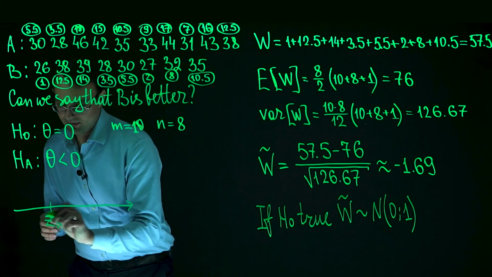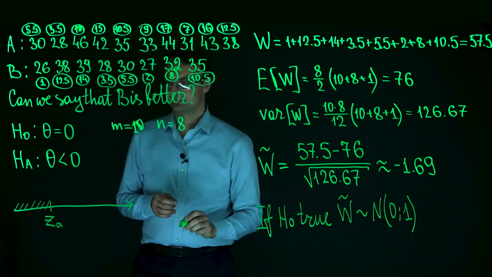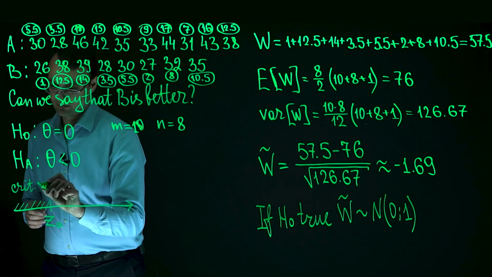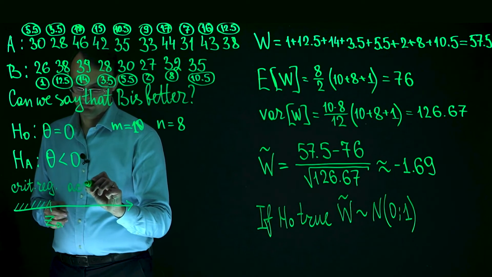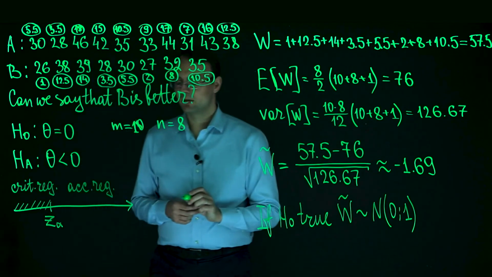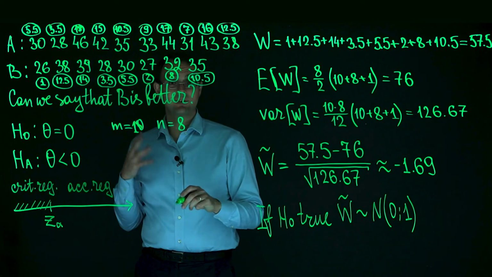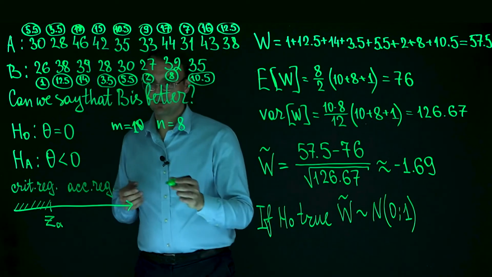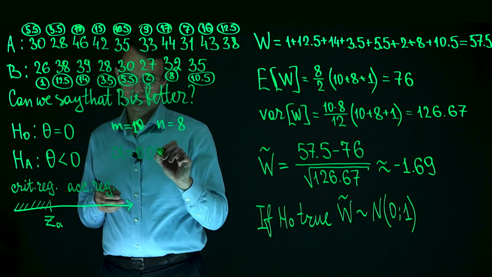And here we have the quantile of the standard normal distribution of the level alpha. Alpha is also not given, as in the previous problem, but let's take the default value, 0.05.